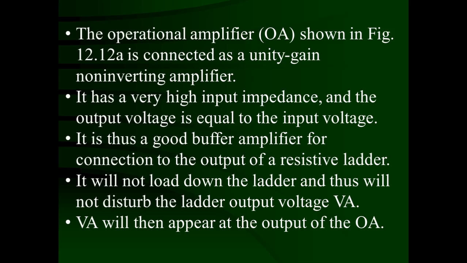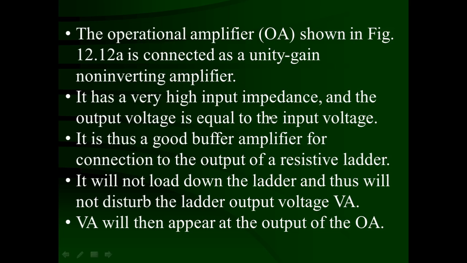So if the output voltage upon input voltage is the same, or equal to 1, then we can say that the gain of this amplifier is 1 or unity, and hence it is called a unity gain, non-inverting amplifier. So the output is the same signal as the input, that means the output is positive if the input is positive, or negative if the input is negative. That means the input is not inverted.